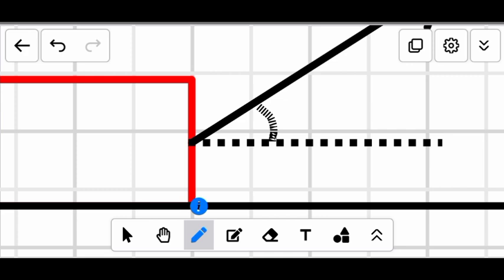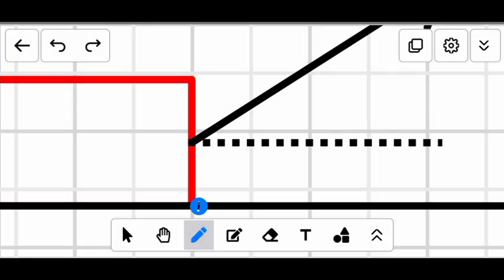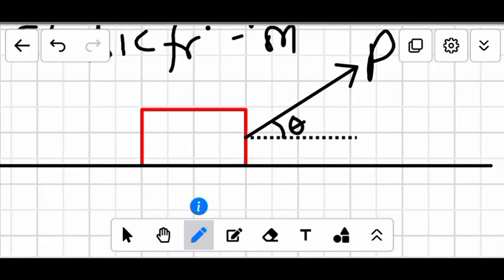So let this be angle theta. So now the force P is acting at angle theta. What other thing do you think will be involved in this diagram? We're going to have the normal reaction of the body, the weight, and the likes.